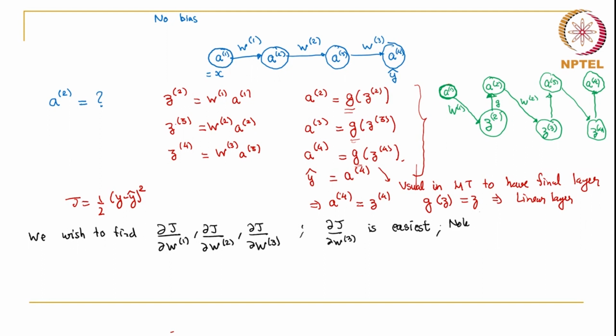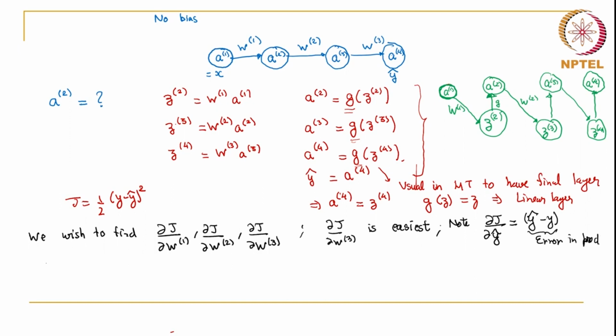first, of course, we notice del J, del Y hat in this case is equal to Y hat minus Y. So as I said before, this is like the error in prediction. We saw this figure prominently even during gradient descent with linear regression.